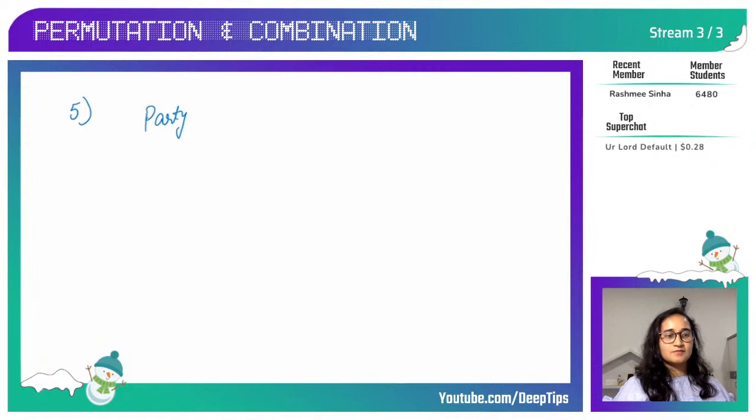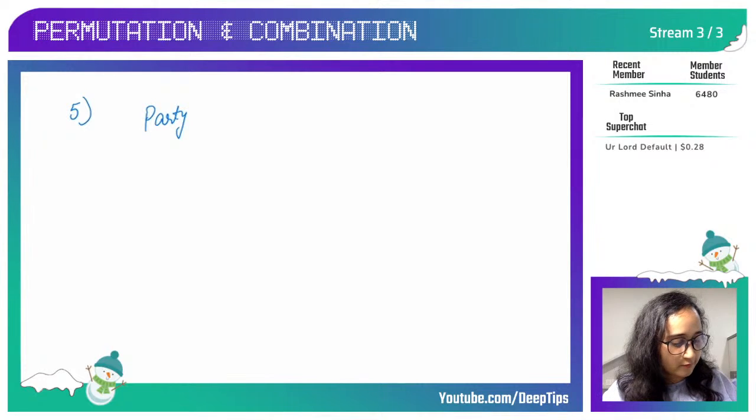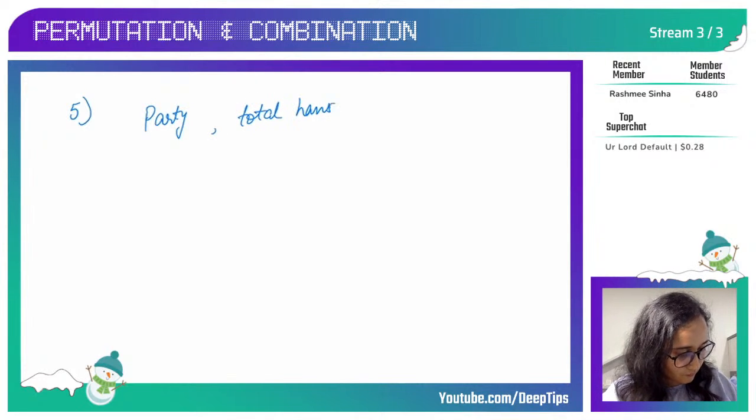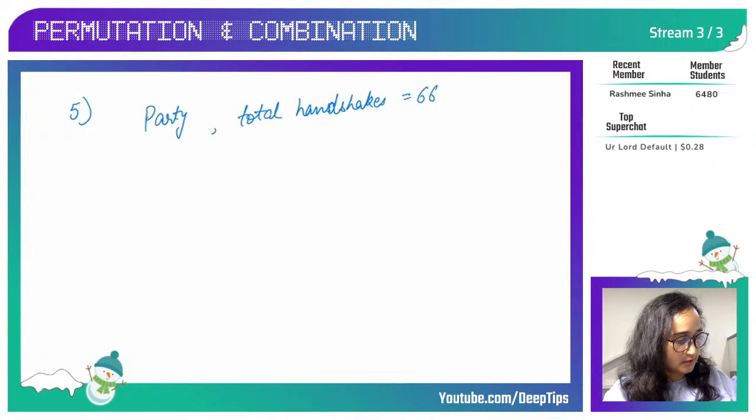So this question is, in a party everyone has shaken hands with everyone else. Whosoever has come to the party, everybody is doing handshake, and it was found that total handshakes or elbow shakes were 66.